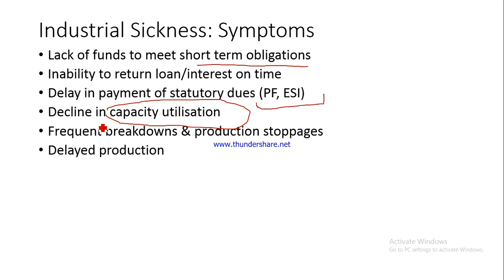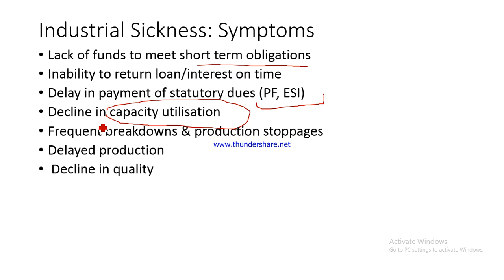So naturally, after some time, this company which is not able to satisfy the customer on time, which is not able to deliver the product on time, would stop getting orders from the customers, and naturally their earning capacity would reduce and they may start incurring losses and they may become sick. So this could also be a symptom. Now this is something that could lead to industrial sickness in future.